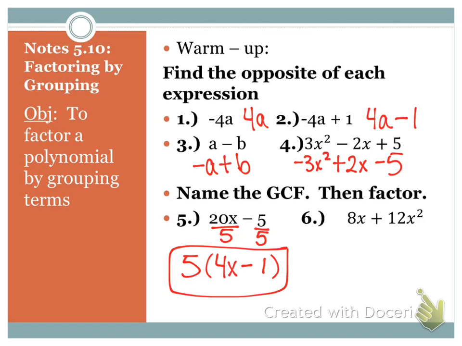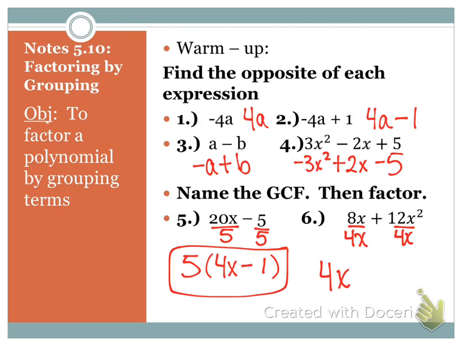All right, number 6. A little bit trickier with the GCF. Anybody find it? Jamal? 4. Anything else that goes with that 4? An x, good. We had some friends help us out there. Both of those terms have at least one x that they can contribute to our GCF. So we would factor out a 4 with an x.